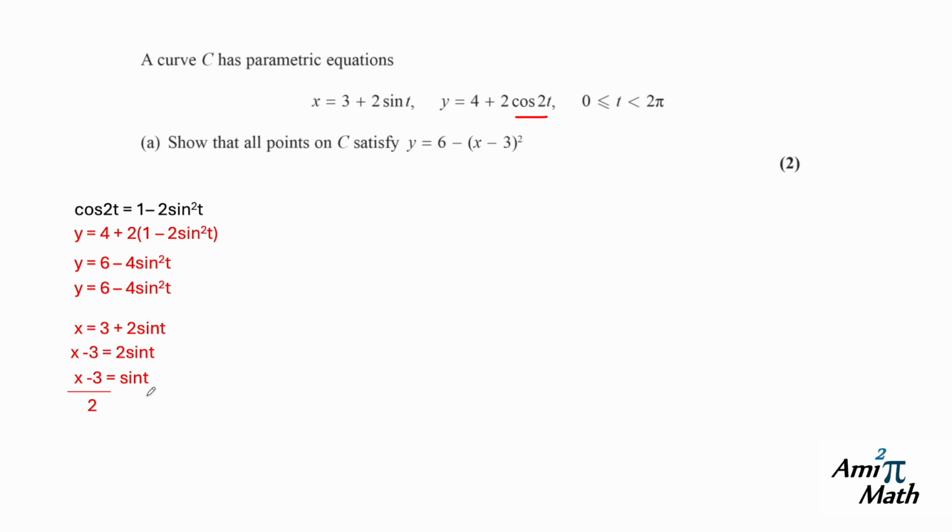And then we put this value of sine t back into this equation, y equals 6 minus 4 brackets this sine t squared, and then we can just expand that. So this is 4 multiplied by this, so we can literally just cancel these out, and it will simply be 6 minus (x minus 3) squared, and this is the answer.